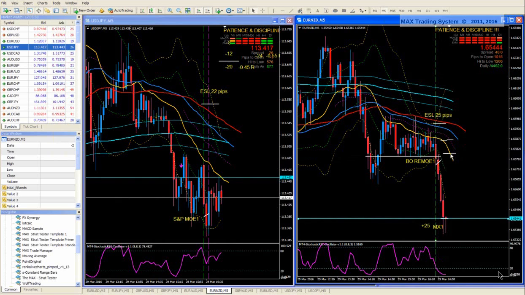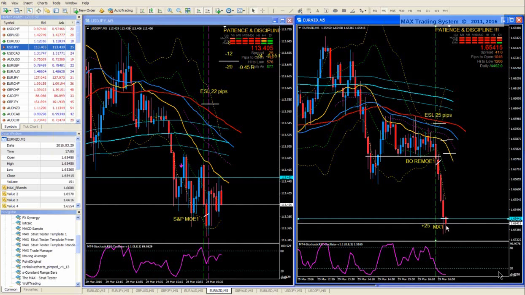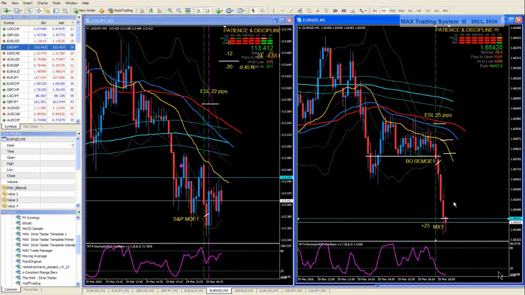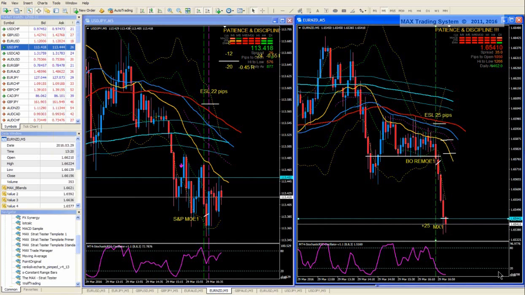And because we have already banked 25 pips of profit, we are in a risk-free situation here. And with the max standard level, if the price makes some pullback, we may have possibly an opportunity to make a scaling. I hope I will be able to show you such kind of possibility here in this trade example.